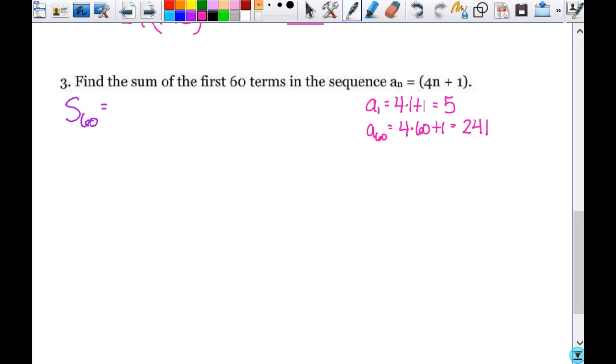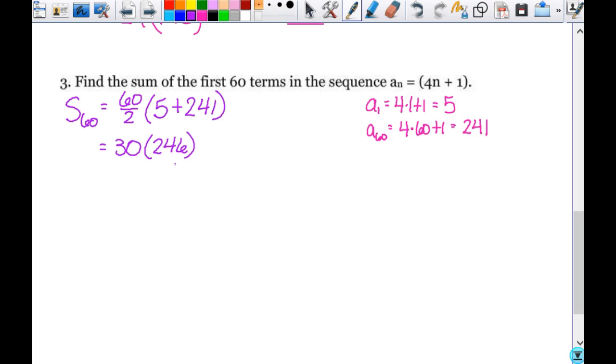Now I can go substitute it in, and now I can use the first formula since I know the last term. It's 60 over 2 times the first term, which is 5, plus the last term, which is 241. So that can be 30 times 246.